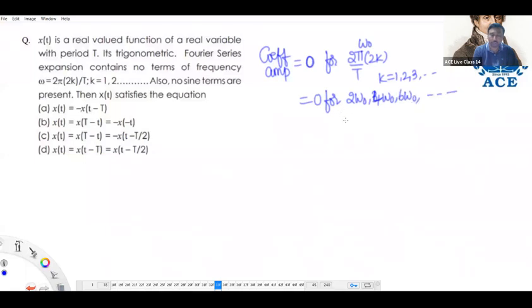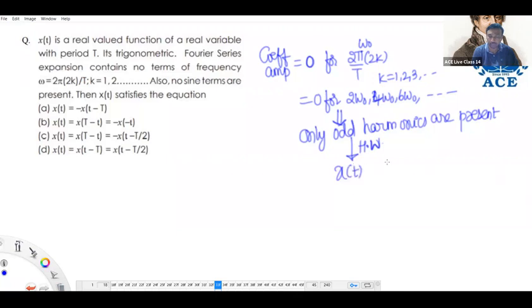It is 0 for even harmonics means only odd harmonics are present. That means with symmetries, only odd harmonics present means half wave: xt equals minus x of t plus or minus T by 2. That is one point we extracted.